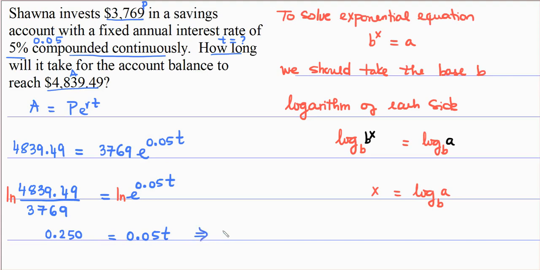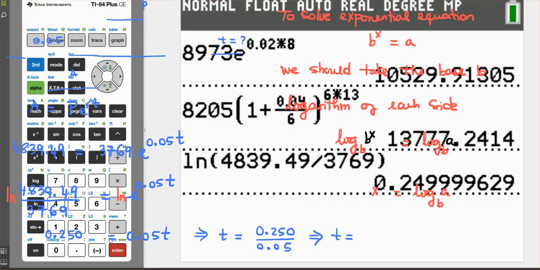Then we conclude that our t, which is the number of years, would be 0.250 divided by 0.05. So let's go back to the calculator. 0.250 divided by 0.05.